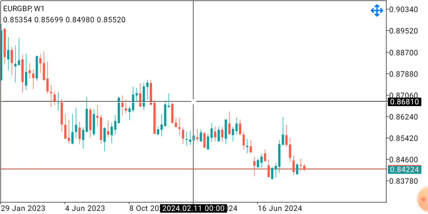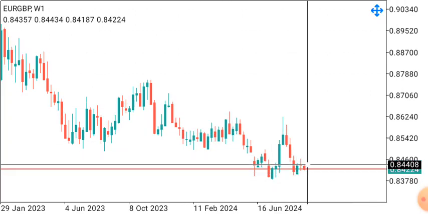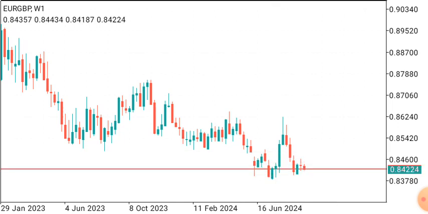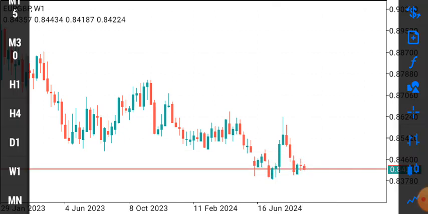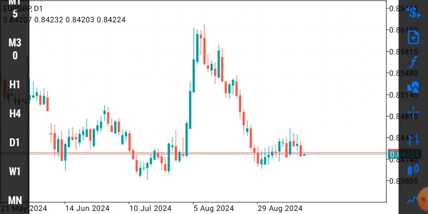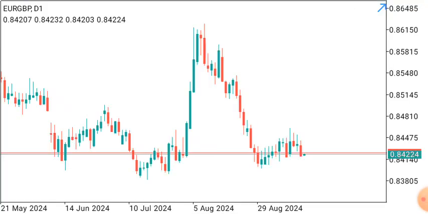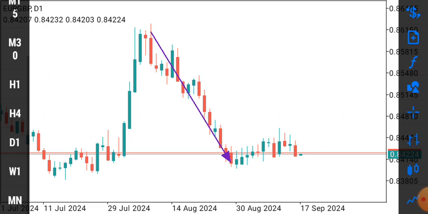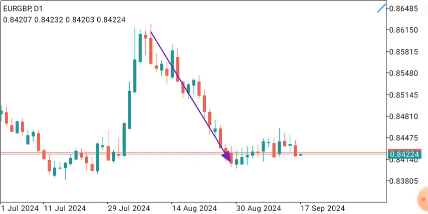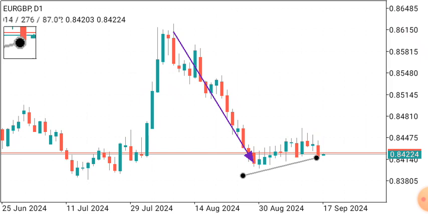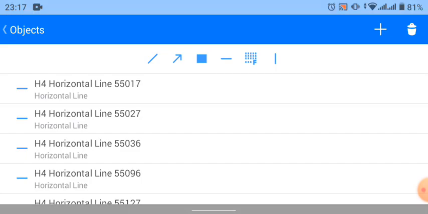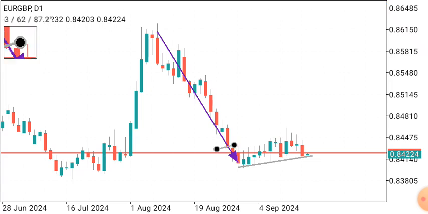That similar move, isn't it what the market is doing right now? I'm seeing the very same behavior from EURGBP, a very strong shoot to the downside, and then the market is now starting to play around this area. Very long consolidation over here.